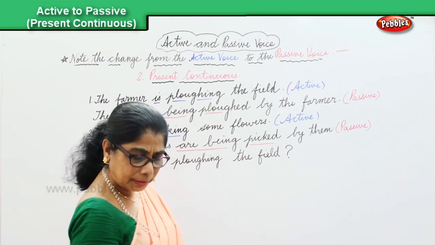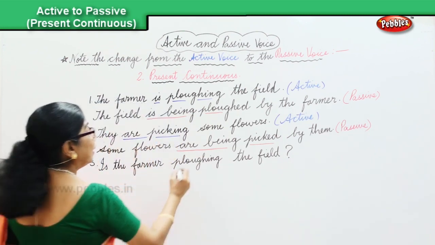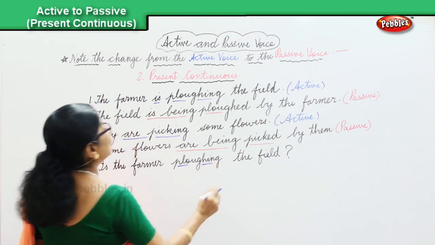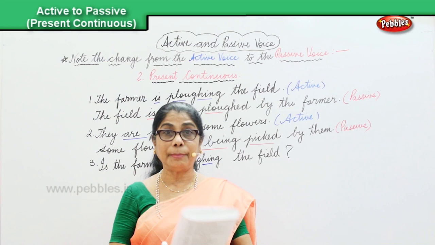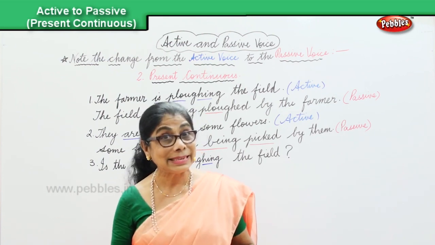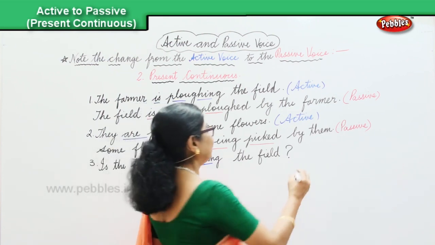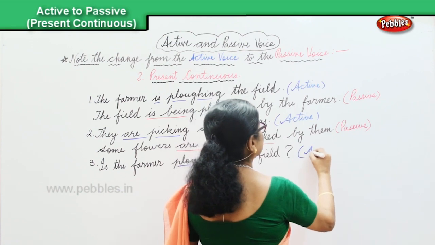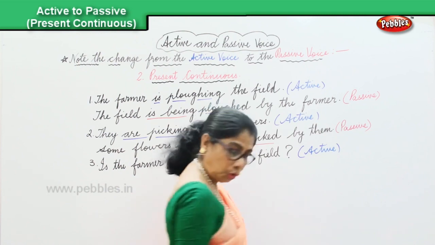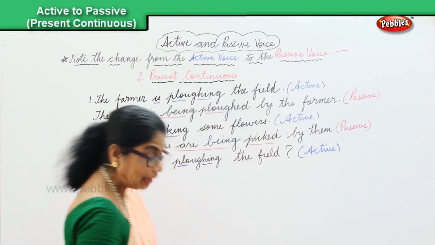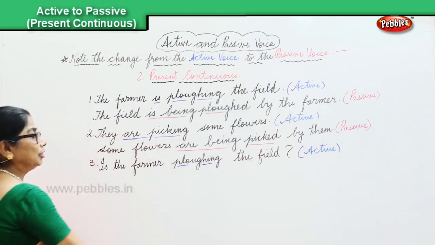Is the farmer plowing the field? Plowing. Action is going on. So that is in the active. The farmer is going on plowing. It is active. And let's change this now.